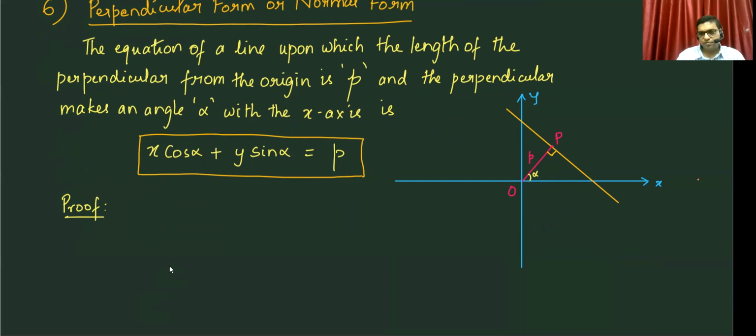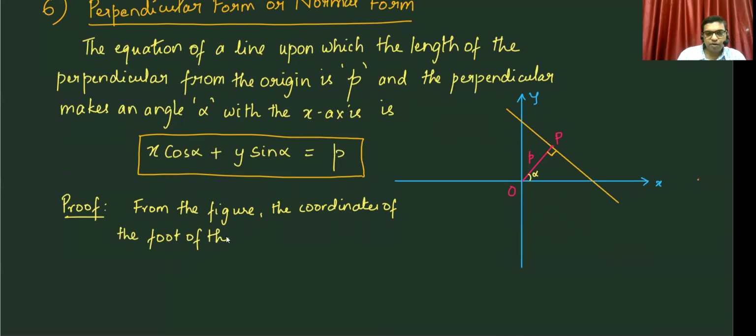Now from the figure, what will be the coordinates of P, the foot of the perpendicular from the origin to the line?